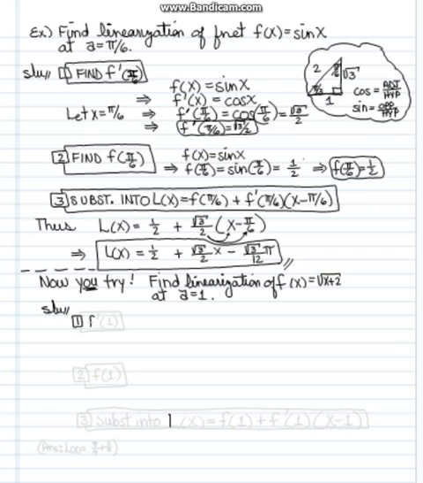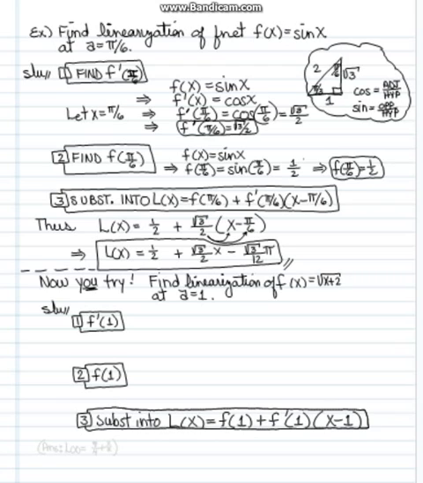Now for your solution, step 1 would be to find f prime of 1. Step 2 would be to find f of 1. And step 3 would be to use the formula, substitute the results into L of x, which in this case is equal to f of 1 plus f prime of 1 times x minus 1.